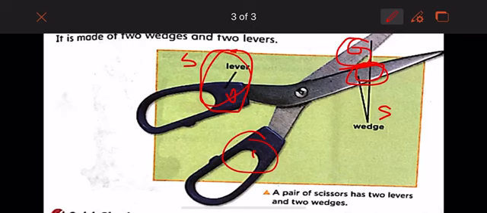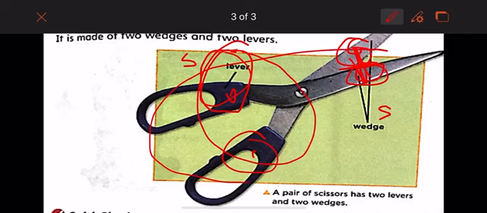So a compound machine is two or more simple machines put together. It makes a compound machine.